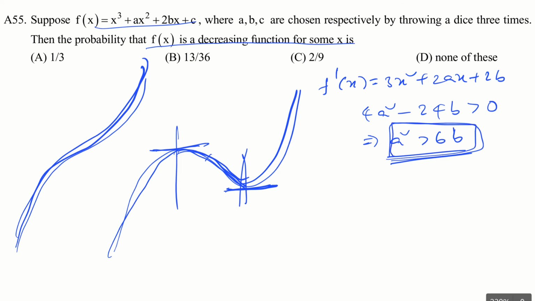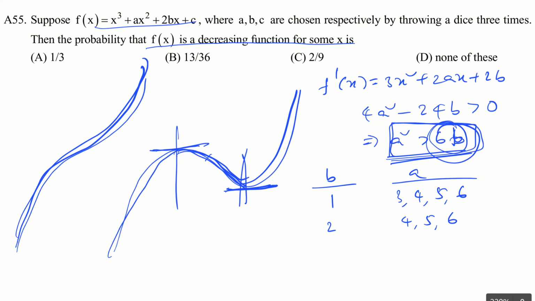So let us look at the values. Now if I make b the objective, so b takes 1, then a cannot take 1. See, this will become 6 now with b as 1. So the values a can take are 3, 4, 5, 6. If b takes 2, then this will be 12. So the values a can take are 4, 5 or 6.